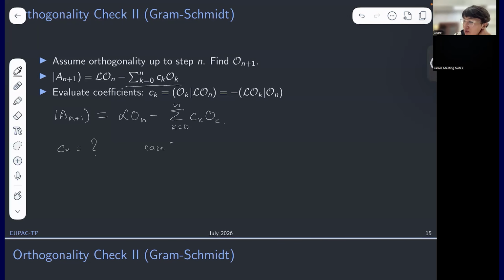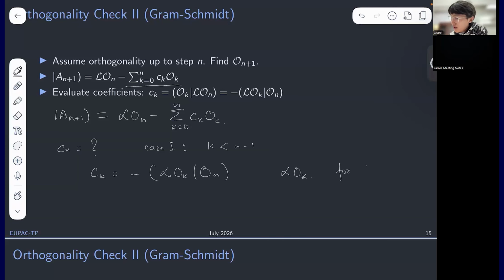Let's consider case 1. For case 1, we are going to say k is less than n minus 1, right? So for k less than n minus 1, what is the value of ck? We have ck equals minus the inner product of L O k with On, right? But let's look at L O k, the Liouvillean acting on operator k.